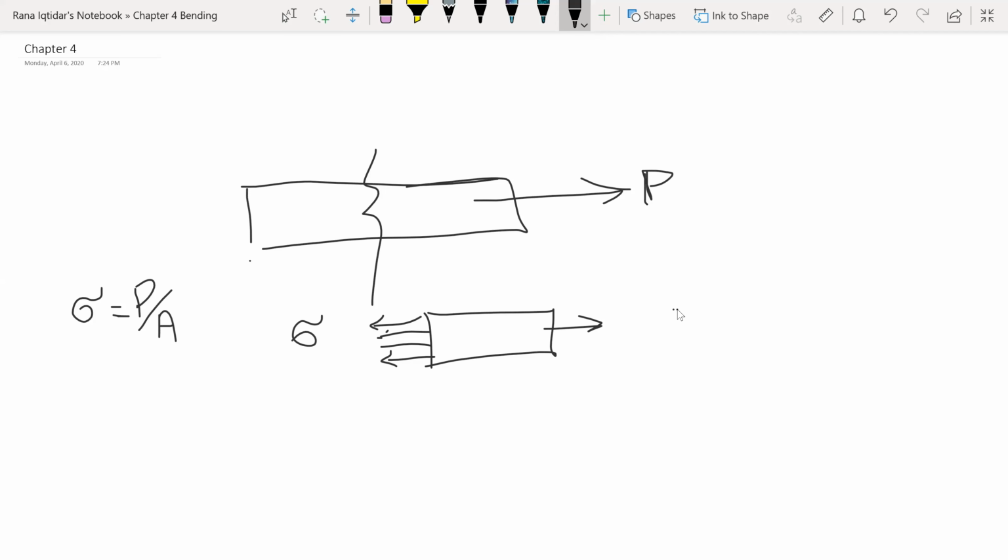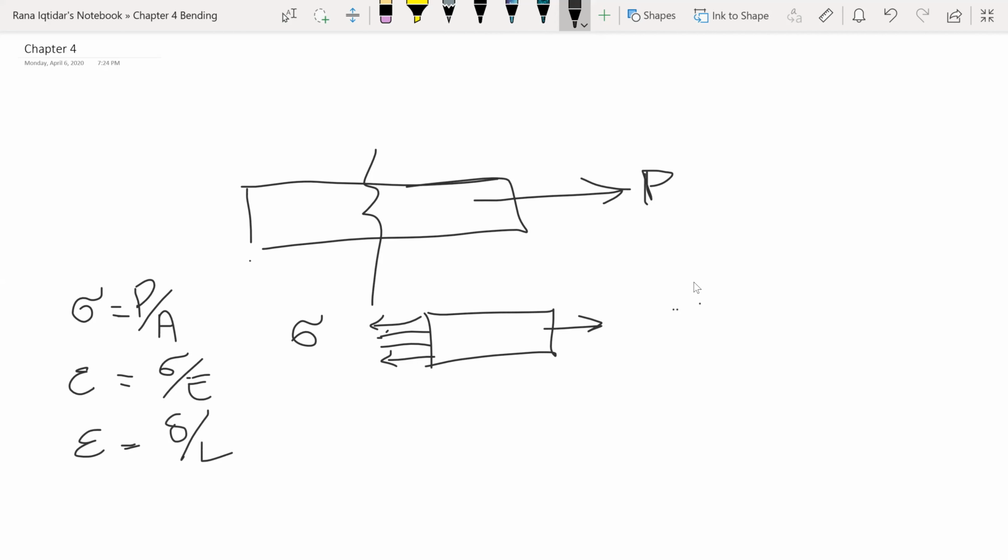Then what we studied? We studied epsilon. Epsilon was the strain, and that was either equals to sigma over E, that was the Hooke's law, or epsilon was equals to del over L. Del was the extension and L was the original length.